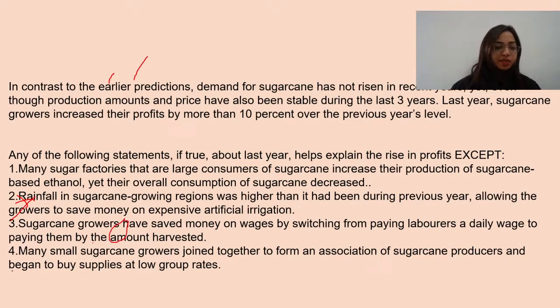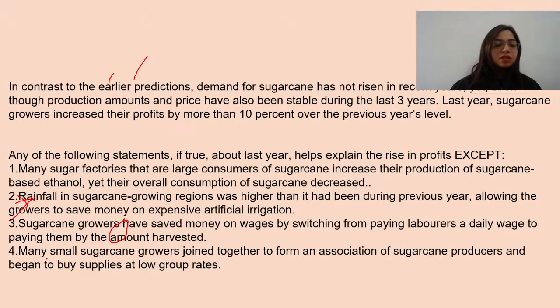Let's put it in the bucket. Let's see what 4 says. 4 says many small sugarcane growers joined together to form an association of sugarcane producers and began to buy supplies at low group rates.